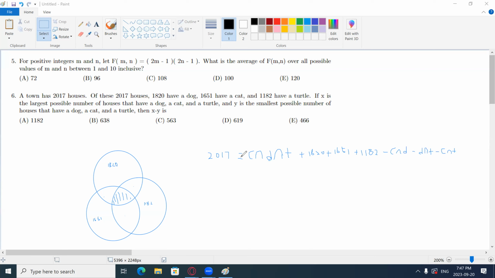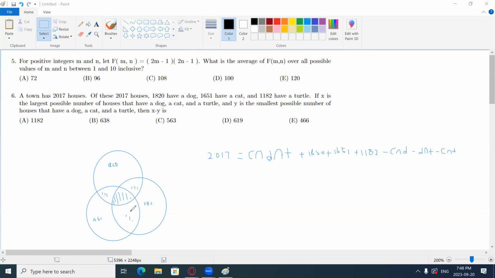Since this number, the lower bound, has to be a lot bigger than 0, because if we only fit these houses into this area and this area, the number here wouldn't add up.